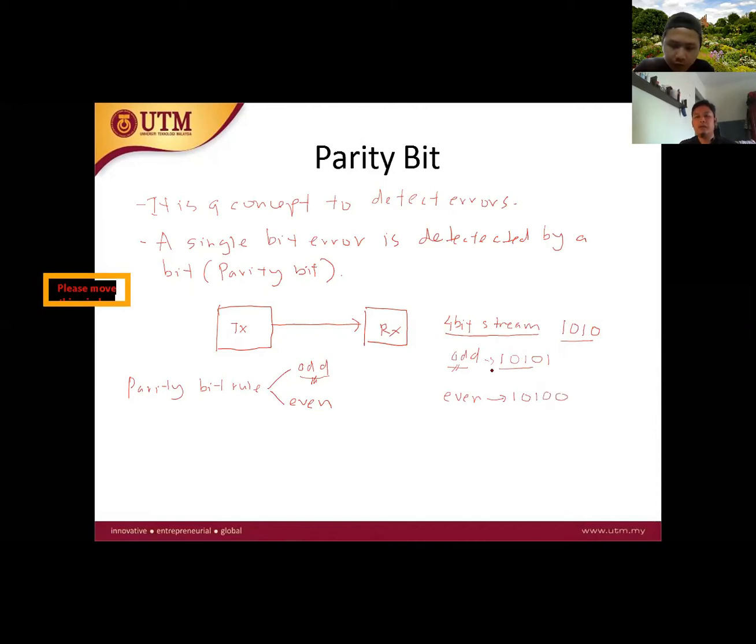Are you following so far? If we use the even parity rules, the total number of ones, including the parity bit, should be an even number.